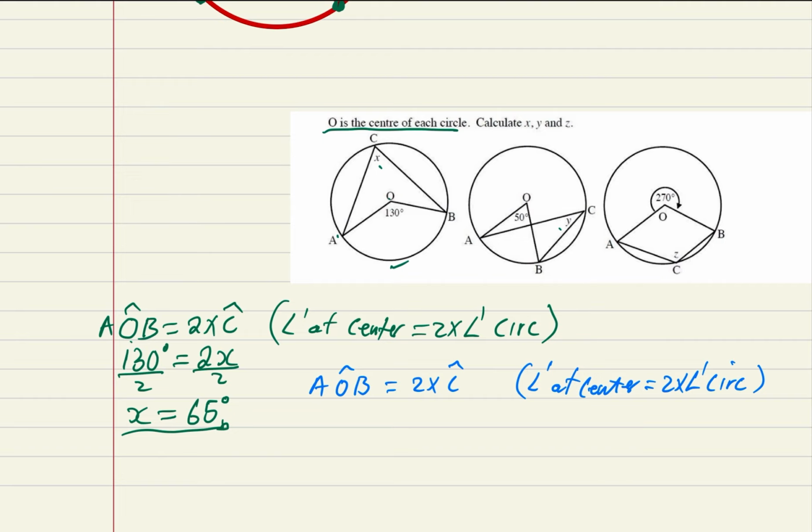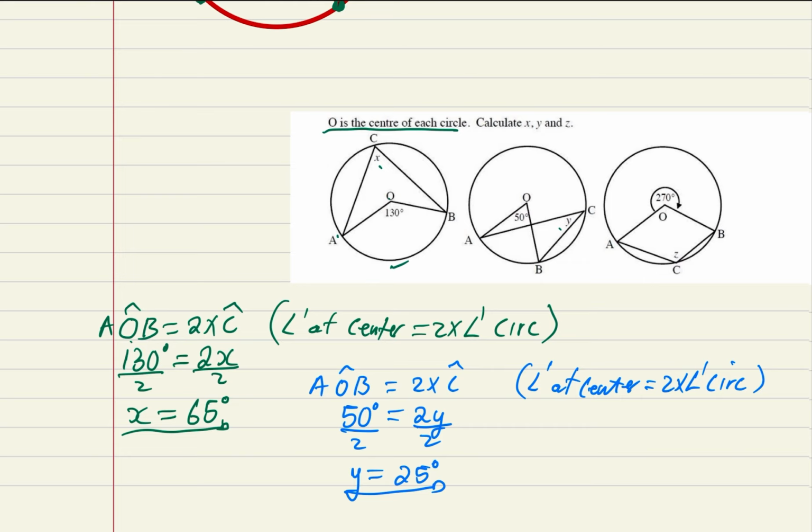Okay, what is AOB? AOB is 50 degrees, which is equal to 2 times Y. We divide by 2, we divide by 2. Therefore, Y is equal to 25 degrees. That is how we have found that Y.